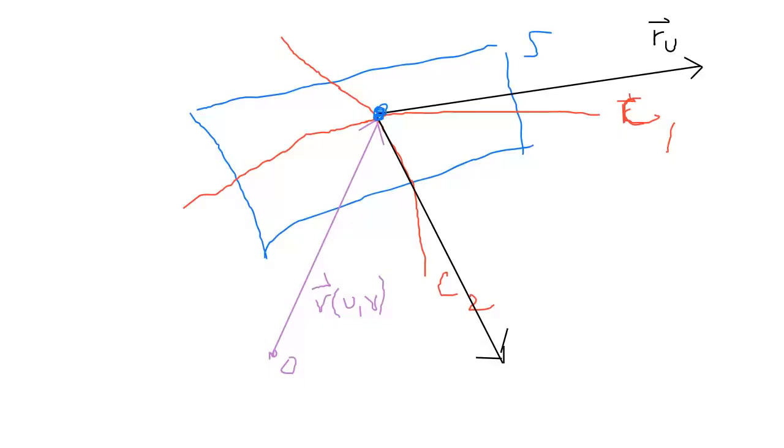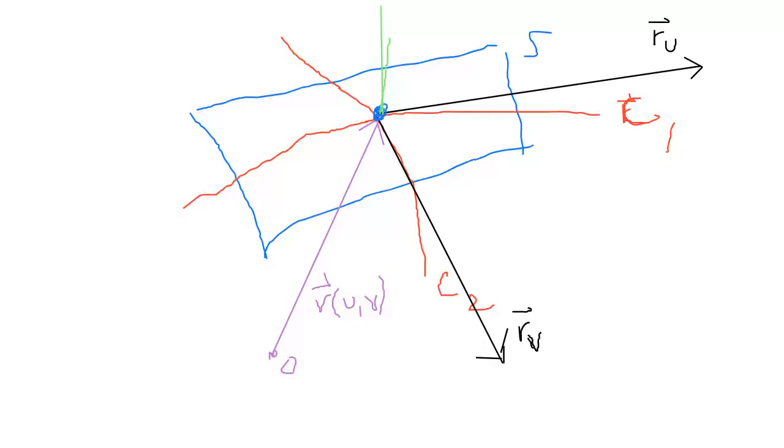One vector is the derivative of the parameter vector with respect to u, so you hold the v constant. And the other vector is the derivative of the vector of two parameters, u and v, with respect to v, where you hold the u constant.